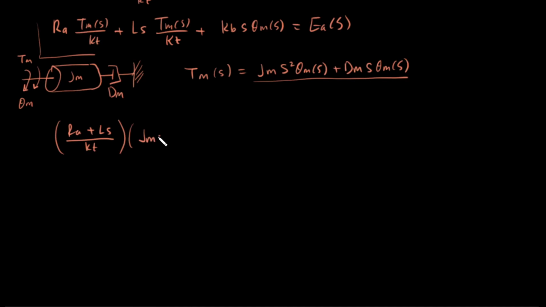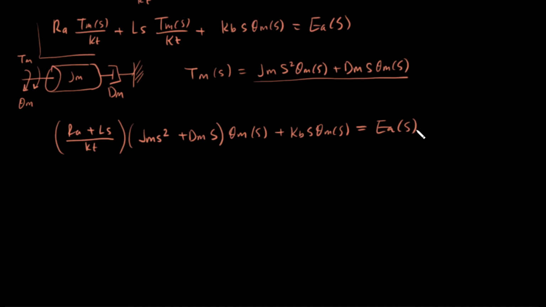We can say Jm s squared plus dm s theta m of s plus kb s theta m of s is equal to Ea of s.